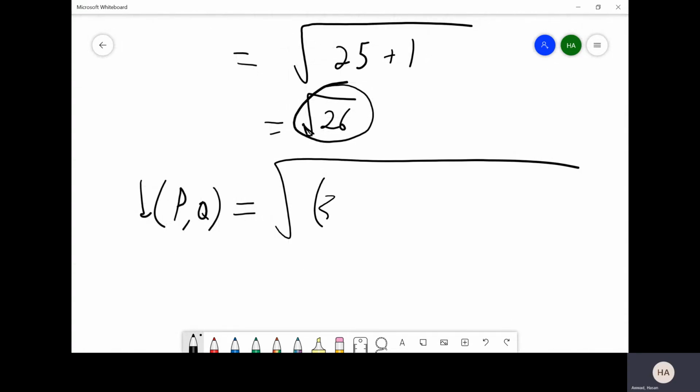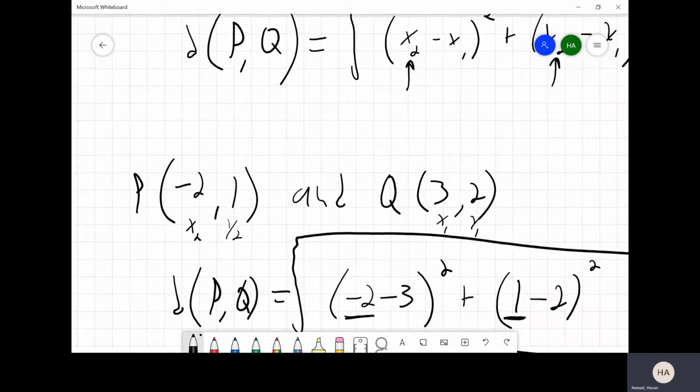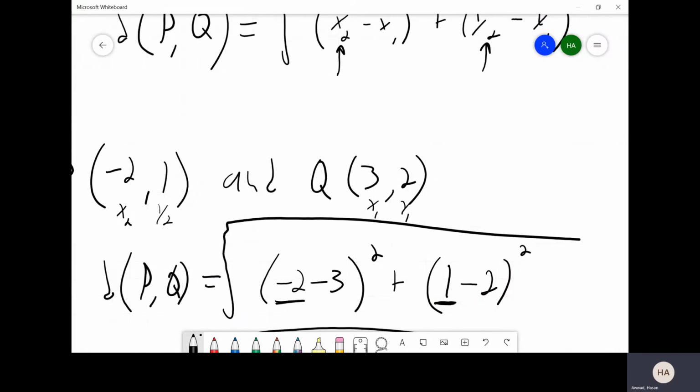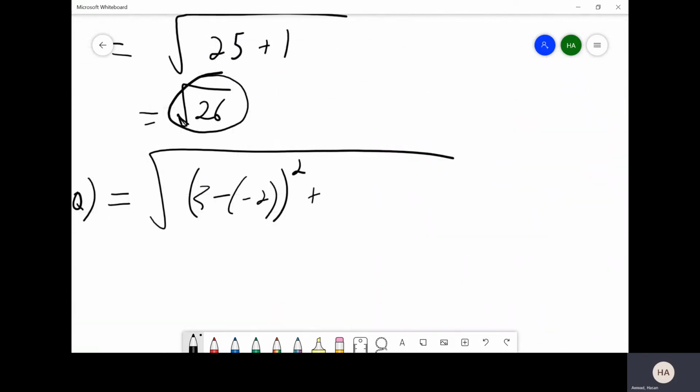So we have 3 minus -2 squared plus, and now we have 2 minus 1, right? Because we're making Q go first, now we have this 2 minus this 1. And so that means we're going to have over here 2 minus 1 squared.